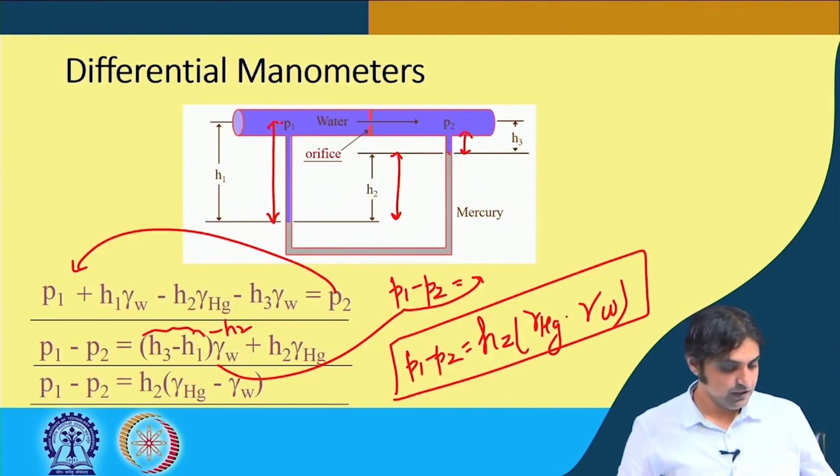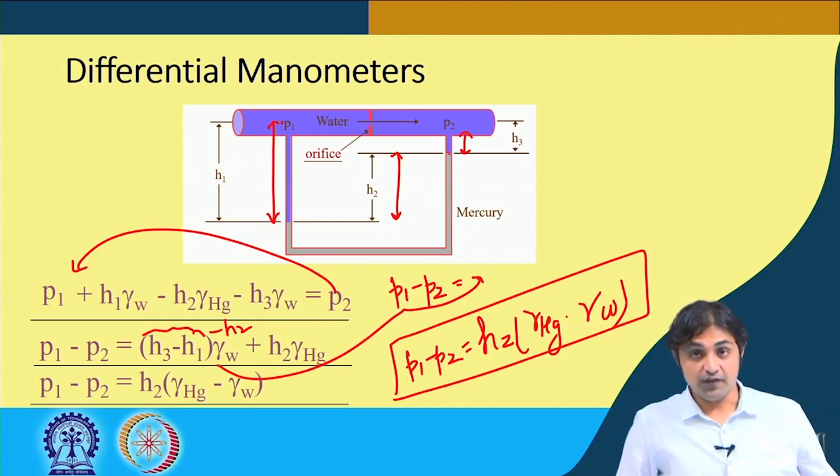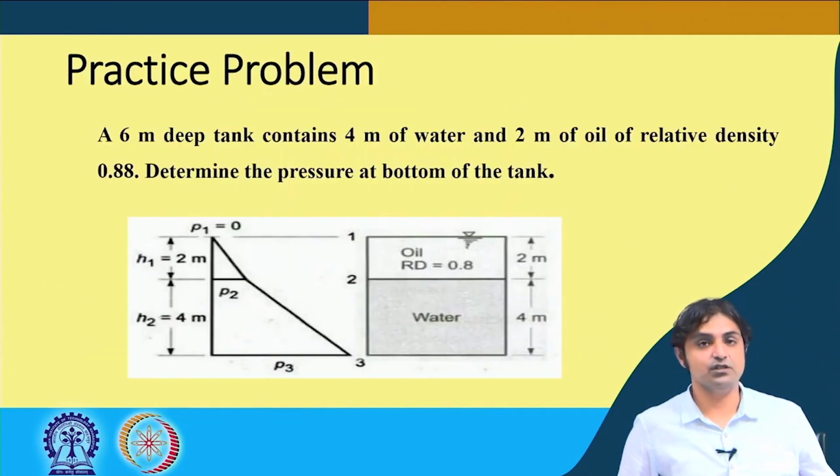Okay, nice. So this concludes my first part, where the pressure variation with location, pressure at a point, was covered. Now we are going to solve some questions also, and this is quite important.